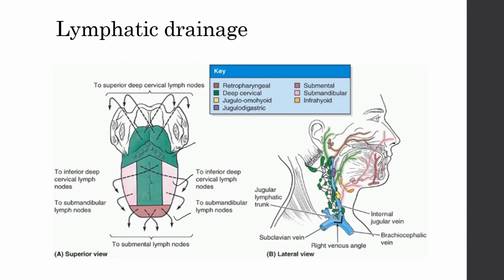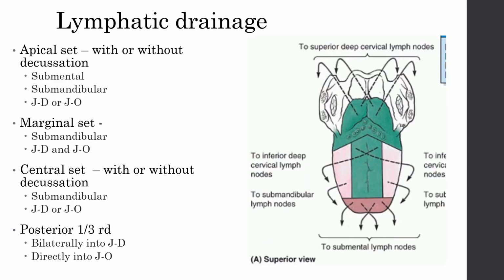So the apical set of the lymphatics, these either go directly or they decussate, they cross, and they go to the submental. So the first group is the submental group of lymph nodes.